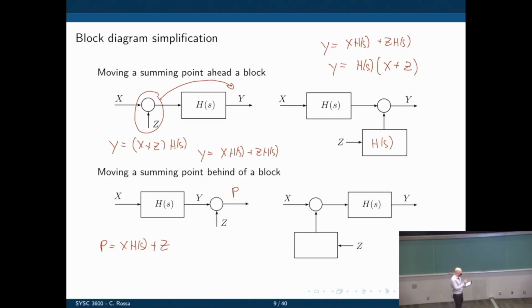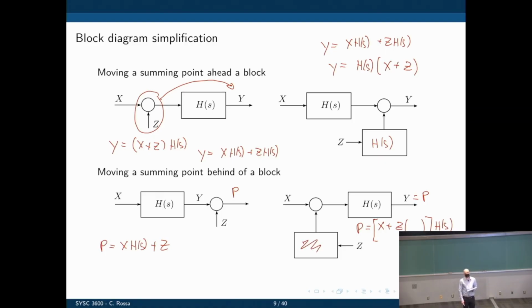Now, if you move the sum behind the block, let's call the signal P. And what is P here? P is X plus Z times something, everything multiplied by H of S. And this something is what goes in this block.